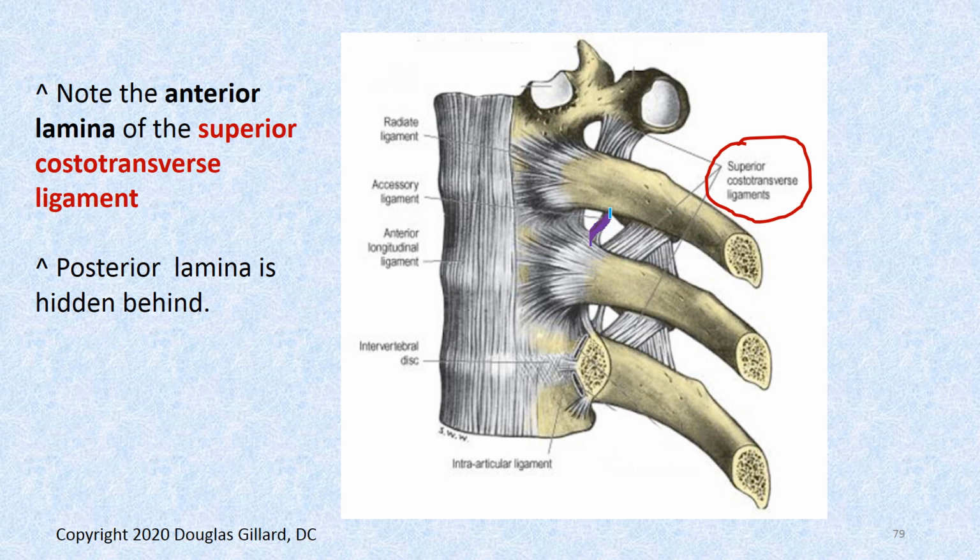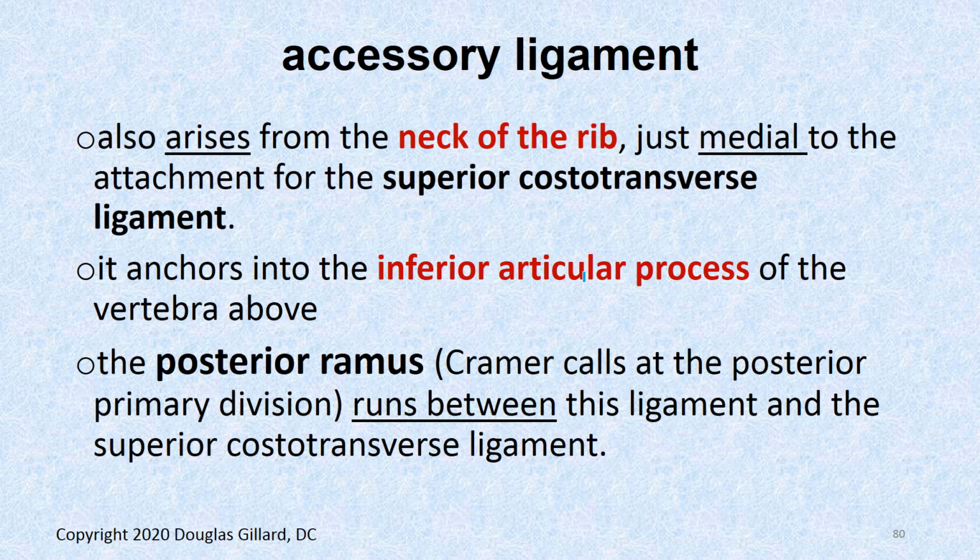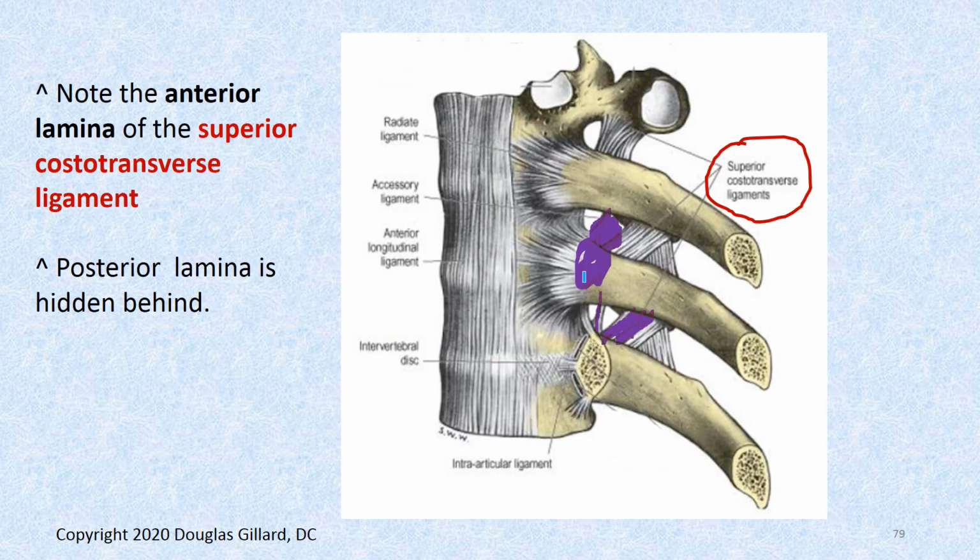See the little guy? There's another one right here. Superior costotransverse ligament is outside of it. But look, we got a little hole in there, don't we? Take a wild guess what's coming out of there. Ventral rami is coming out of there. So not only do you have a foramen, but you have another little tunnel made by these things. Okay, that's the accessory ligament.